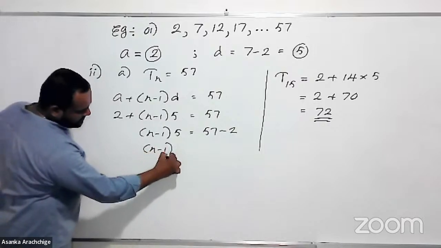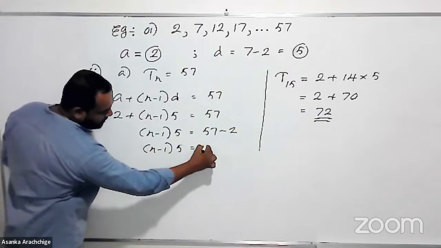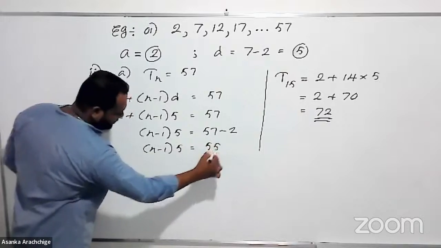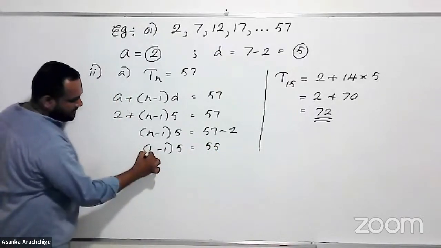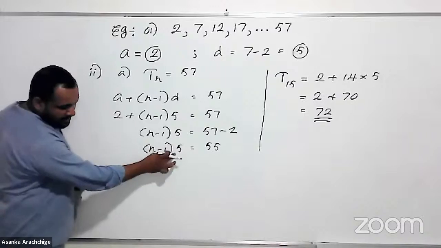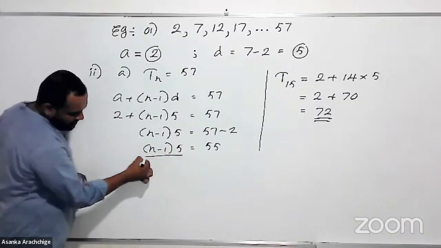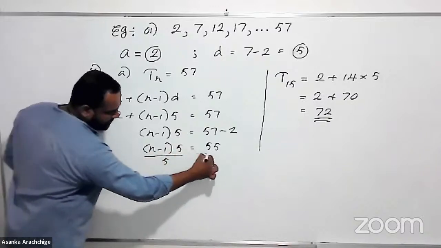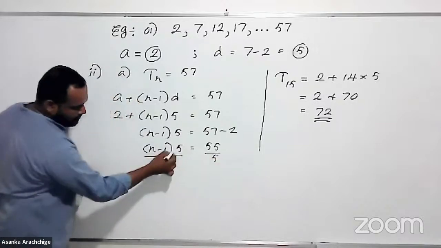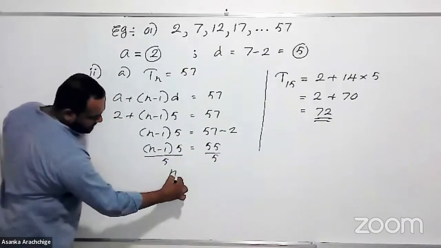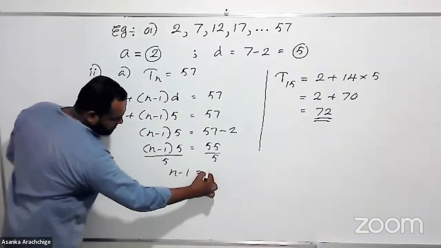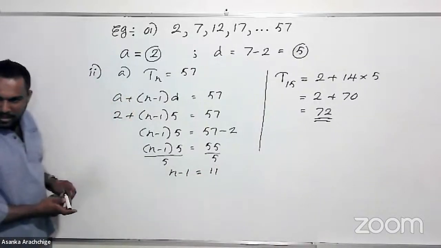Then n minus 1 times 5 becomes 55. Is that clear so far? Then how to eliminate this 5? Divide by 5. Then 5 can be cancelled. n minus 1 is equal to 11.